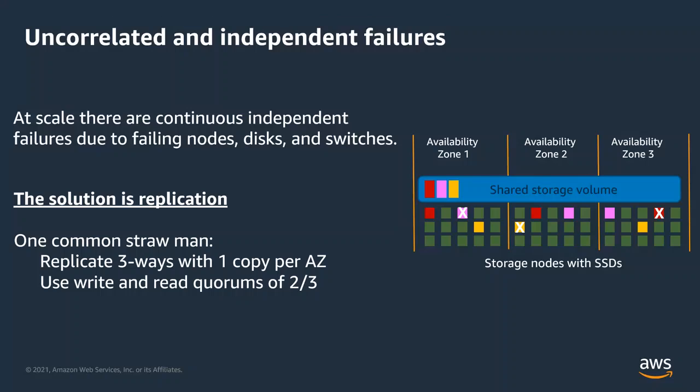Typically, when you have that type of problem, the solution is to replicate, and the minimum number of copies that we would arrive at is a three-way copy. So let's say we have three availability zones, and we can copy each piece of data once per availability zone, and we can tolerate one failure, and we can do a quorum of 2 out of 3, read and write quorum. This is a typical technique.